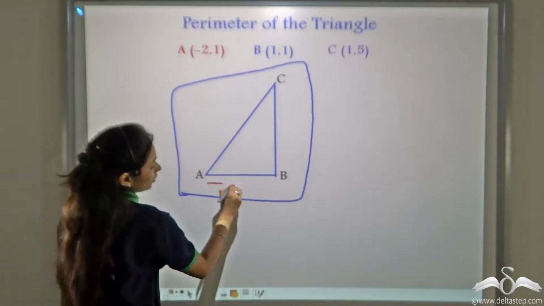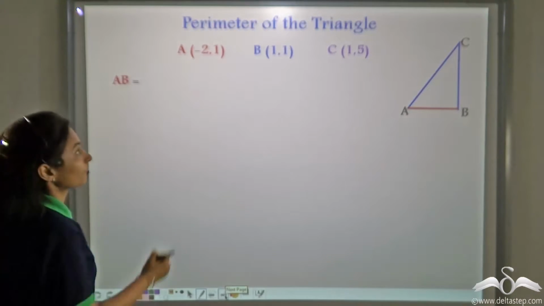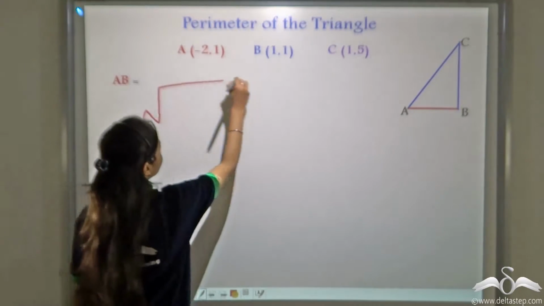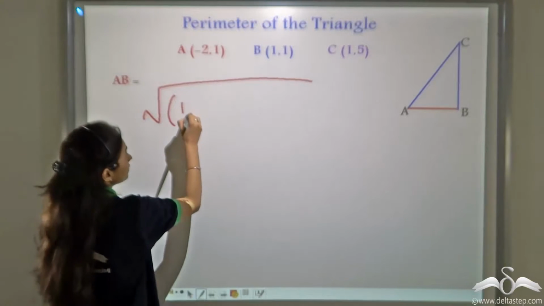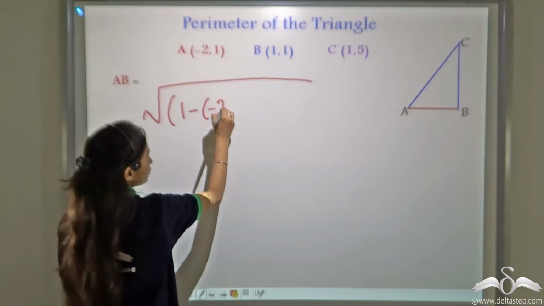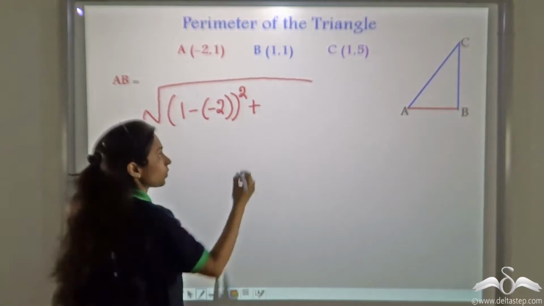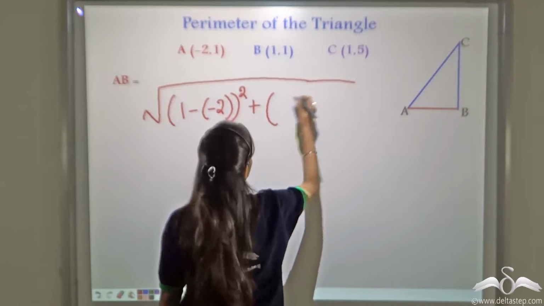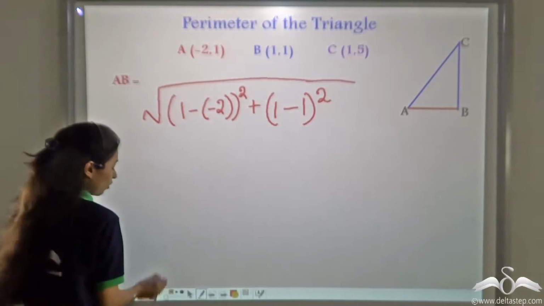First, let's find AB. So what will be AB? Root over (x2 minus x1) whole square, so it is (1 minus -2) whole square, plus (y2 minus y1) whole square, so it will give me (1 minus 1) whole square. Now let us solve this.